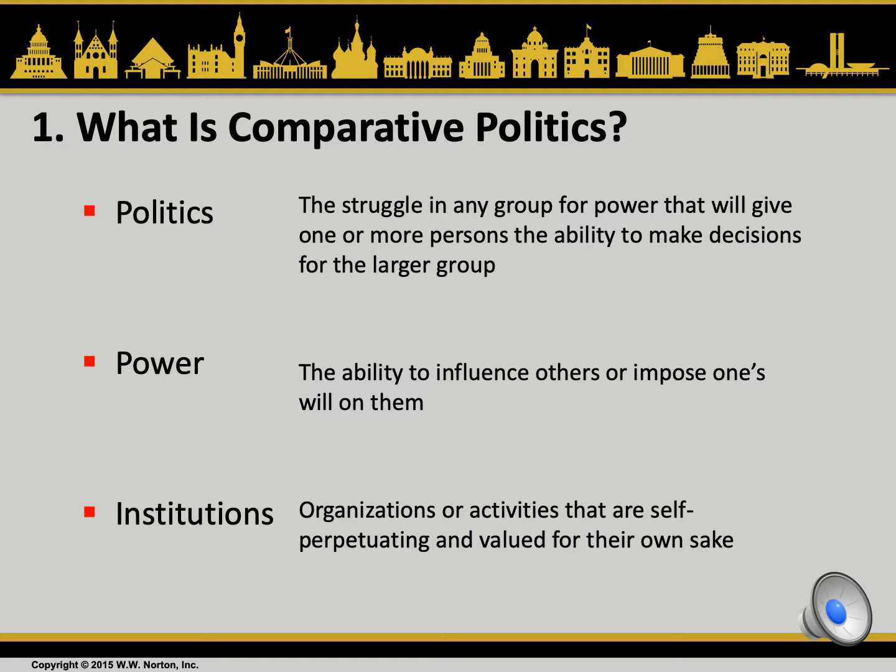And then institutions, which are particularly important within political science because those are things that seem to be so importantly valued that they change very little in terms of variance. So they're less of a variable than many of the other variables that are always present in political science. So for comparative politics, we're focusing on the politics, power, and institutions within the domestic environment of the country.